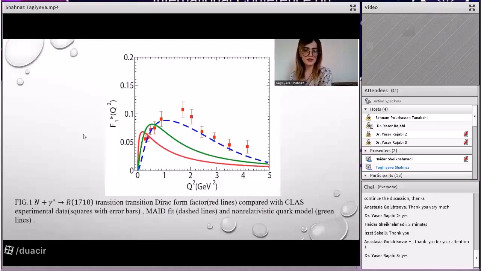We can see from the figures that our results are presented with red lines, plus experimental data with squares with error bars, dashed lines, and the green lines are the non-relativistic quark model.